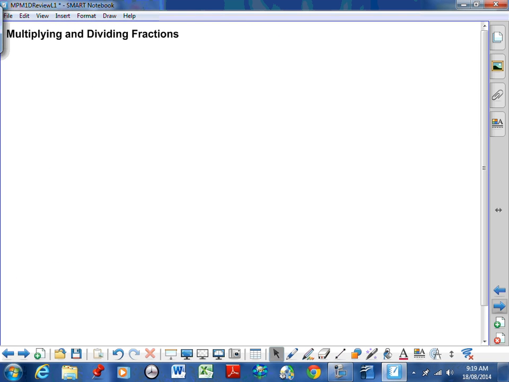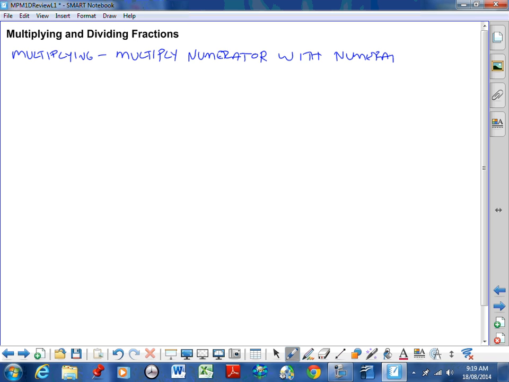Final topic is multiplying and dividing fractions. I find these the easy ones. So with multiplying, you multiply numerator with numerator, and denominator with denominator.